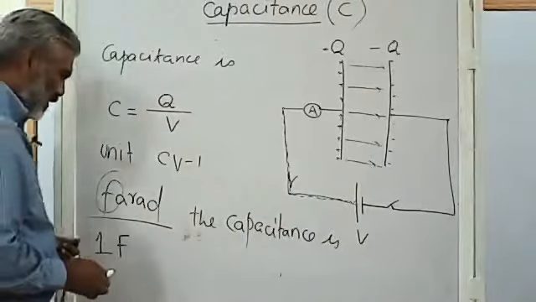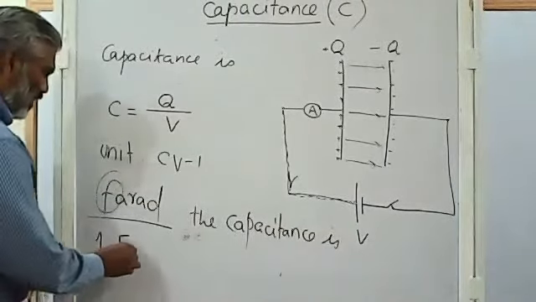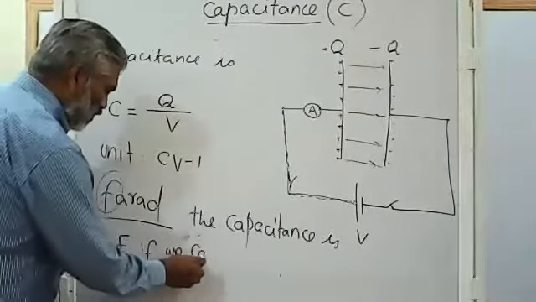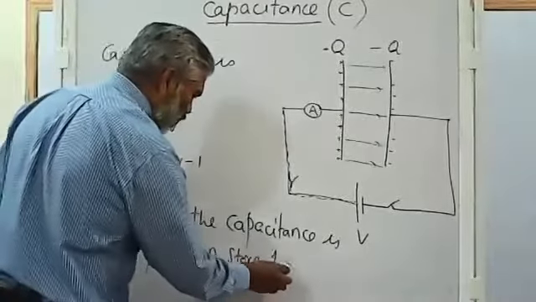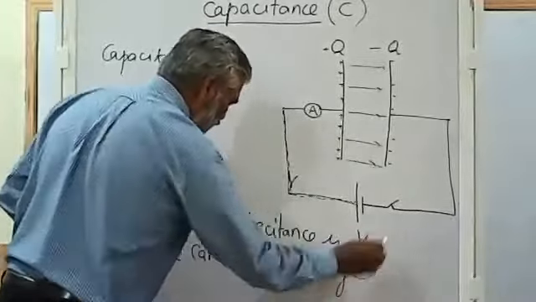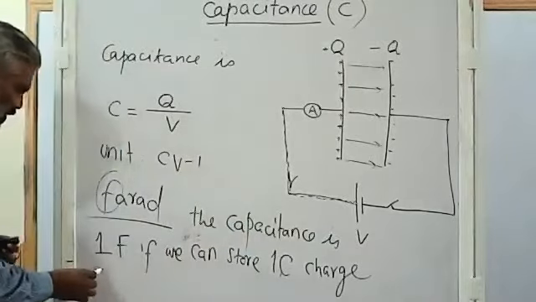I hope you understand the reason for this. The capacitance is 1 farad if we can store 1 coulomb charge by providing a potential difference of 1 volt.